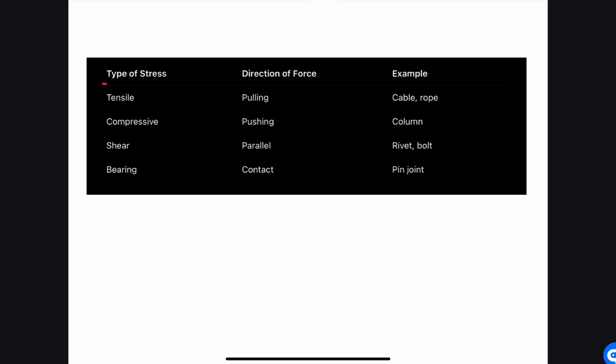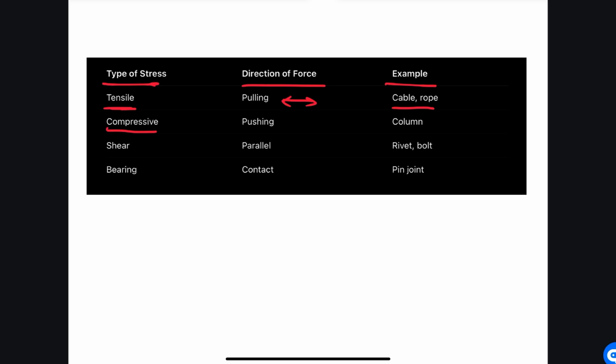Over here is the type of stress, over here the direction of stress, and over here the examples. For tensile stress, it's a pulling force like this. What's the example? Cables and ropes.